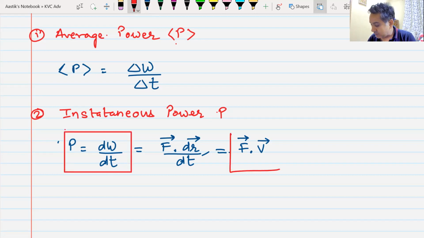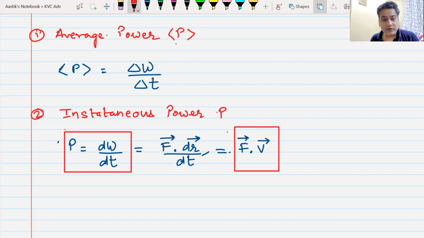Do we understand this? Yes or no? Yes, sir. Instantaneous power is the rate at which work is done.